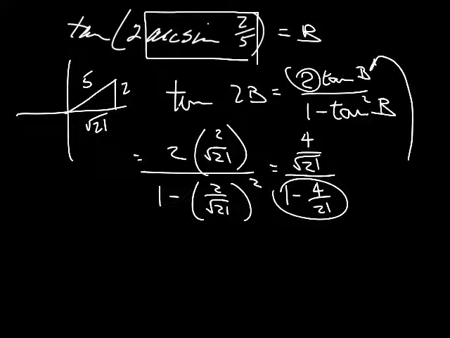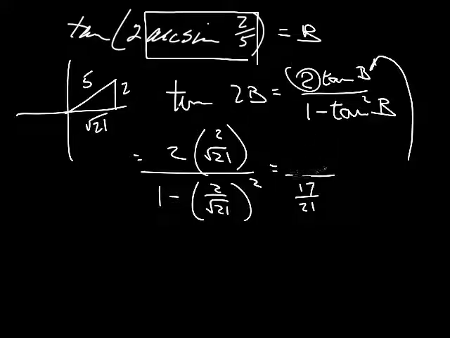Find common denominators there, bring those together, and you end up getting 17 over 21, sorry. And we get rid of that, so we multiply top and bottom by the square root of 21. And we end up with, on the top, 4 square root of 21 over 21. We invert and multiply.